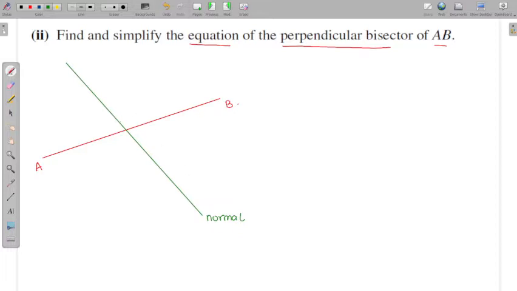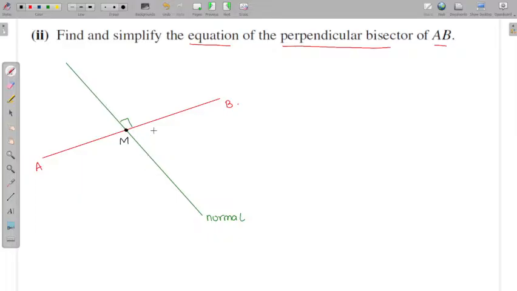So the angle between this green line and this red line will be 90 degrees, and this perpendicular line or normal should always pass through the midpoint of this line AB. Since the line AB and the green line which represents the normal are at right angles to each other, we can first find out the gradient of this normal.